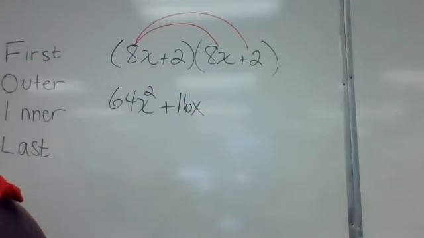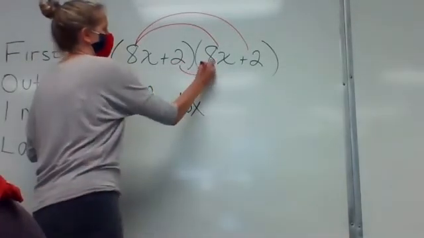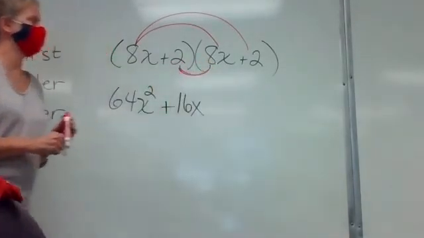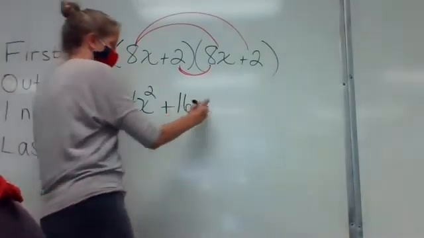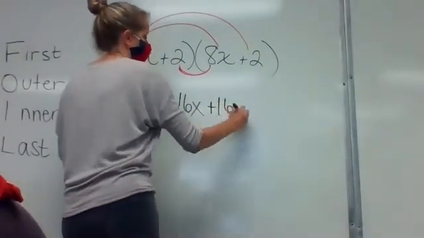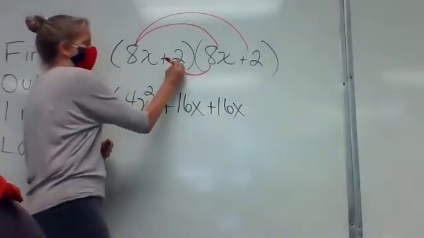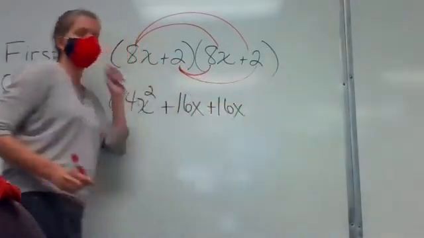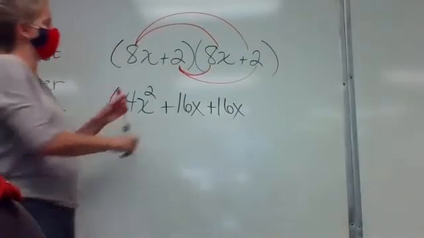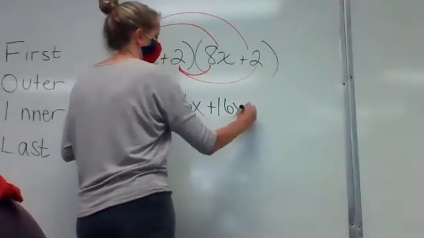Now I'm going to do my inner. 2 times 8x is another positive 16x. Plus first, outer, inner, then my last, the last term of this parenthesis times the last term of that parenthesis, which gives you positive 4.